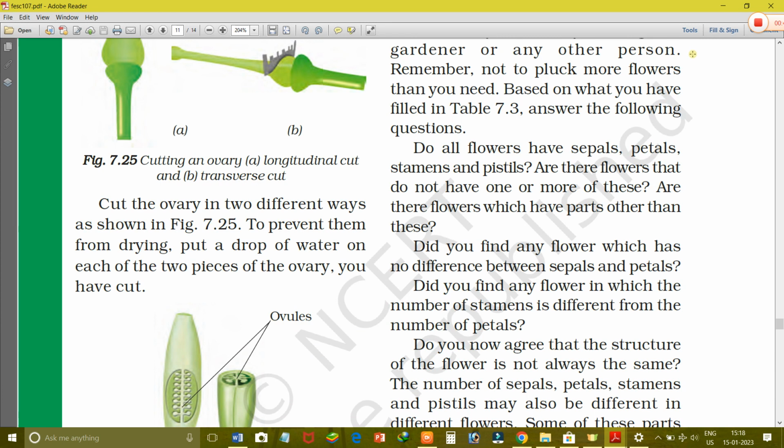Cut the ovary in two different ways as shown in figure 7.25. To prevent them from drying, put a drop of water on each of the two pieces you have cut.